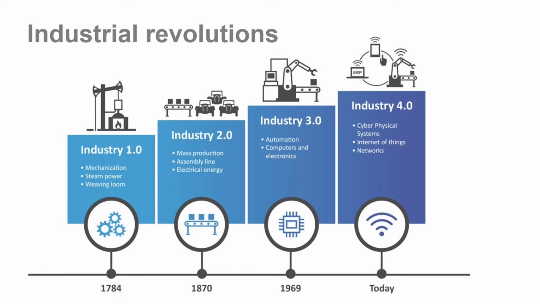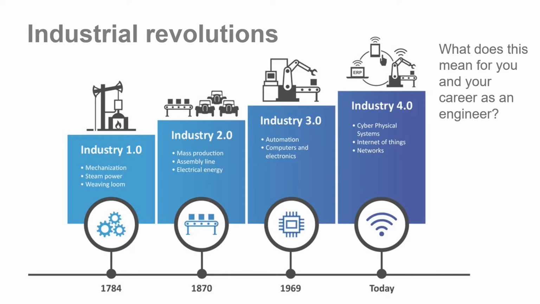And now the fourth industrial revolution brings the networking of real and virtual worlds together using the Internet of Things, or IoT. And this brings enormous potential to transform how we manage our assets, our systems, our processes, and our business models. So consider, what will this mean for you and your career as an engineer?